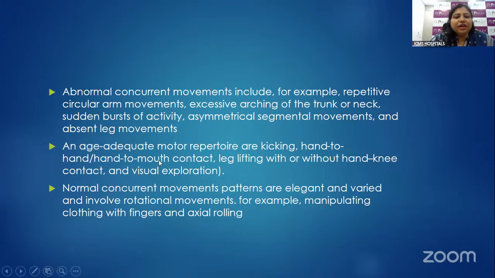And adequate motor repertoire includes kicking, hand to mouth, leg lifting with or without knee bending, knee contact, and visual exploration, like the child will observe you and maybe focus or do some tracking, something like that.